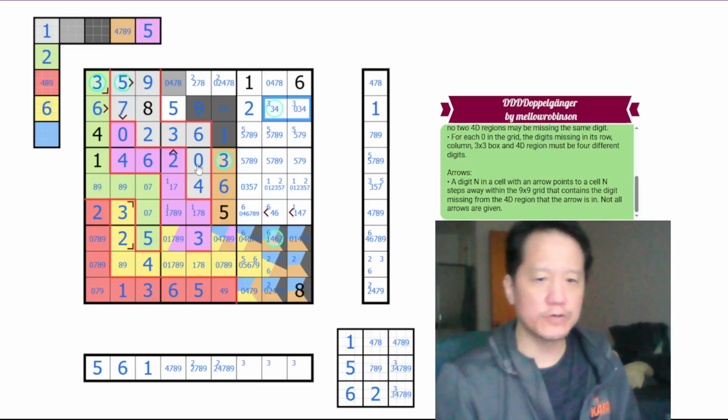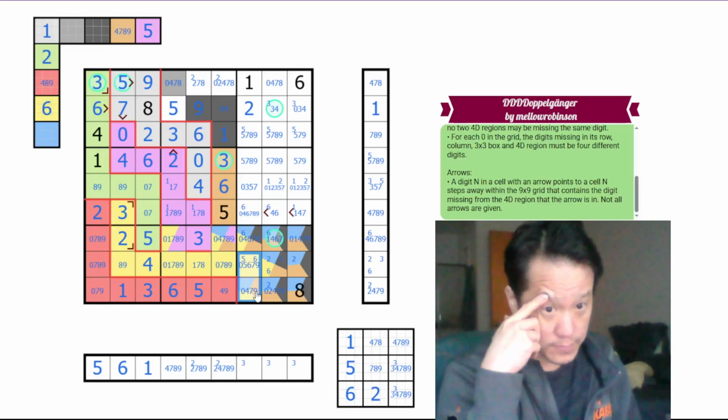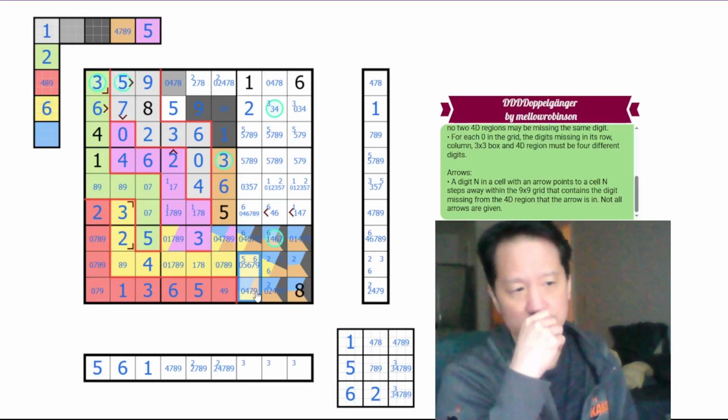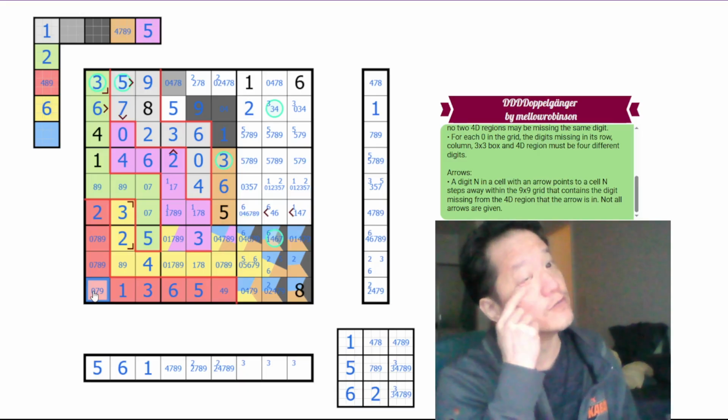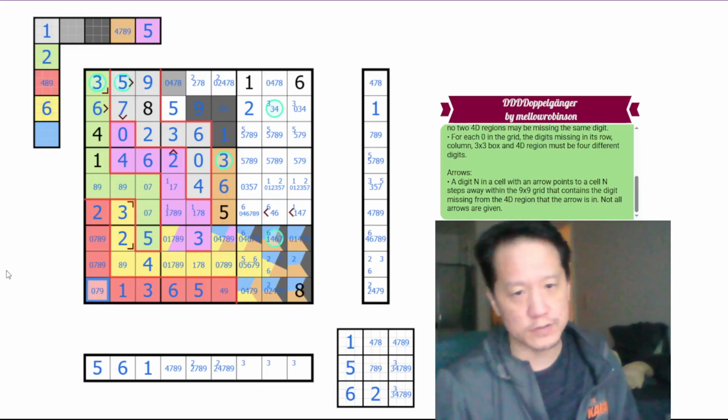So yellow could go down here and be a 0. That's the issue with that. Otherwise, this would have to be a 0 for the red, because if it weren't, we know yellow can only go 1, 2, 3, 4, 5, 6, 7, 8, and then one cell in any of these cells here.